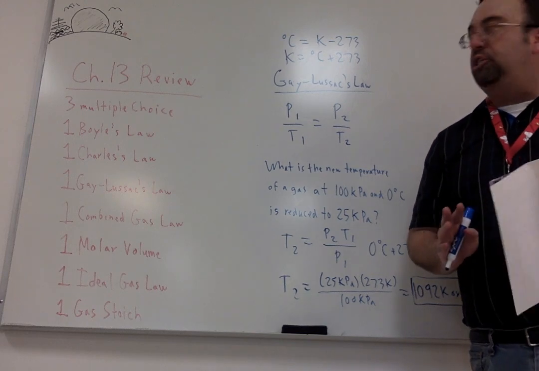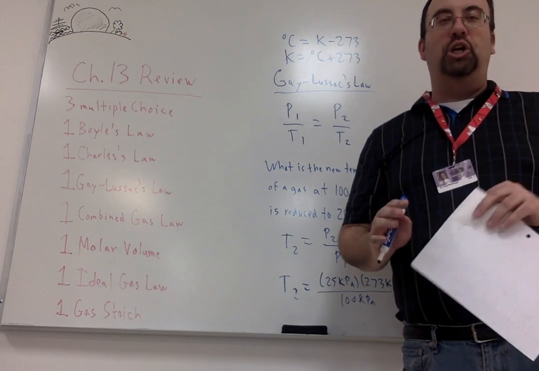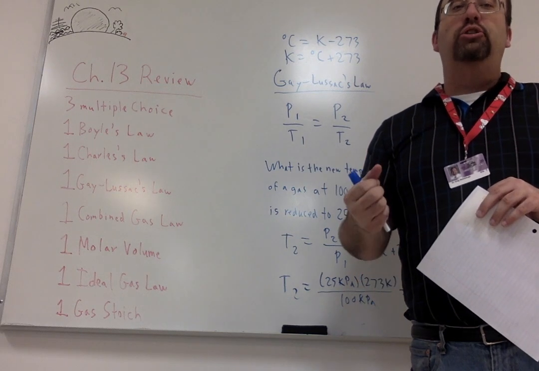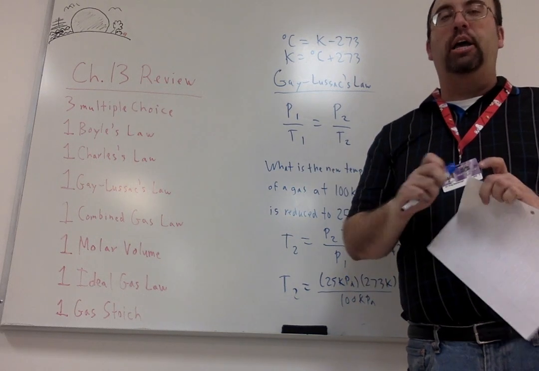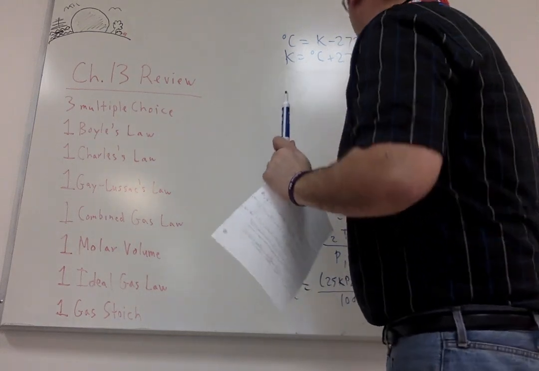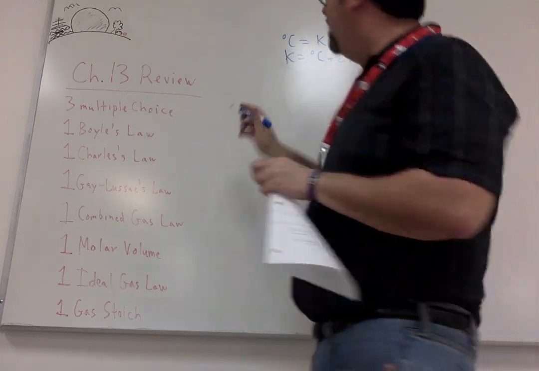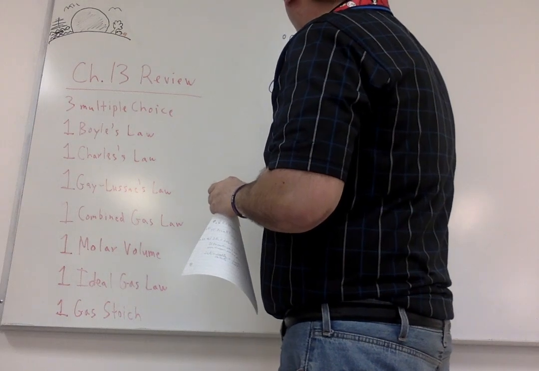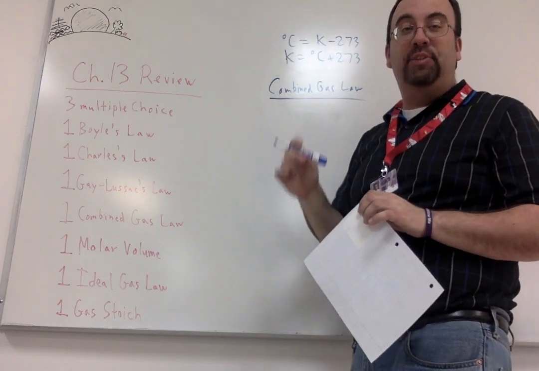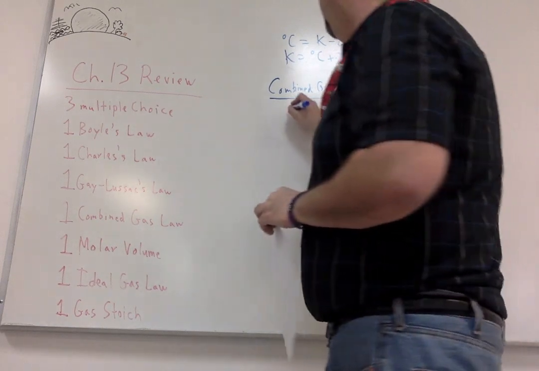All right, what I'd like to do now is go ahead and do a combined gas law problem. A combined gas law fuses together Boyle's law, Charles's law, and Gay-Lussac's law. So if we're going to write that back up here, the combined gas law: P1 times V1 over T1 equals P2 times V2 over T2.